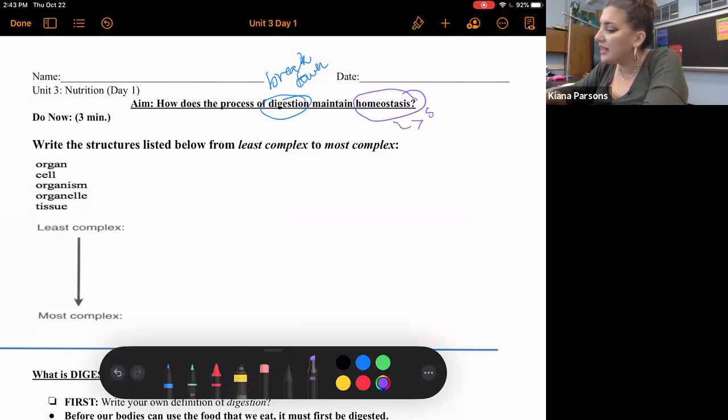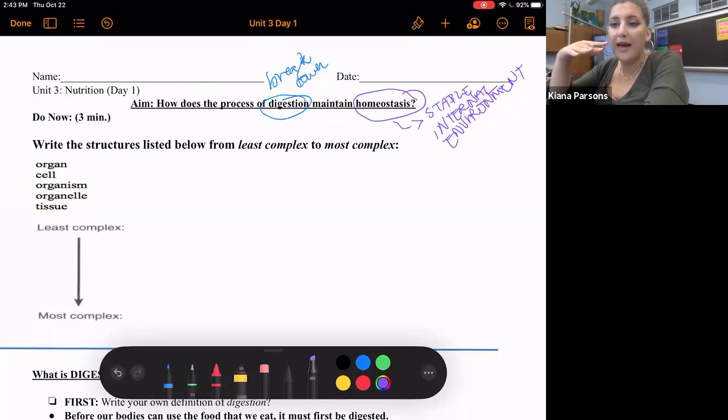Homeostasis is a stable internal environment. So homeostasis is all the chemical reactions in our bodies happening in perfect synchronization and harmony. No issues, everything's fine. We're balanced, we're at homeostasis.